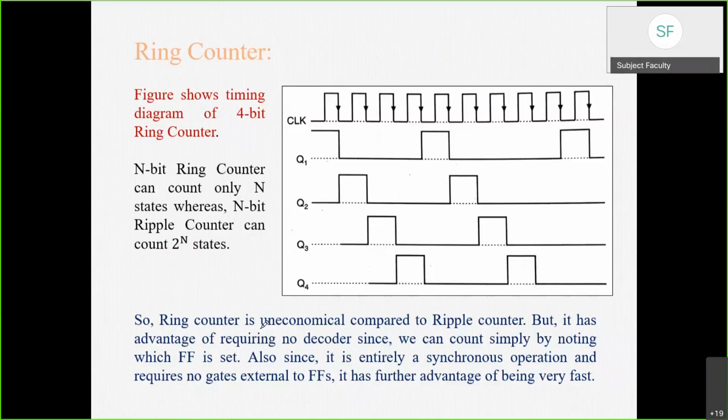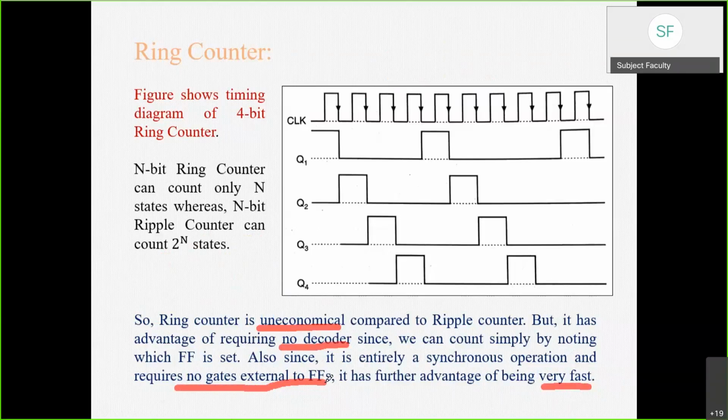And what are the advantages? First, it requires no decoder, and second, it is very fast. Why is it very fast? Because no external gates have been used here, since no skipping is required. Okay, so that's the complete discussion regarding the ring counter.